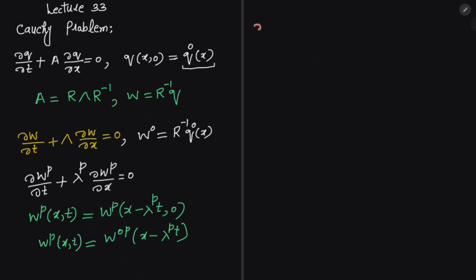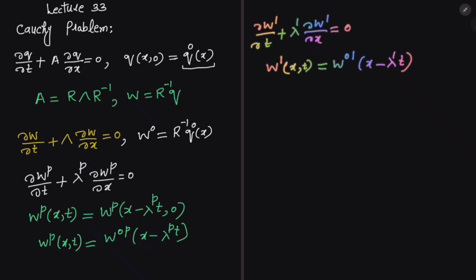For example, if we have ∂w1/∂t + λ1 ∂w1/∂x = 0, then our first solution will be w1(x,t) = w01(x − λ1 t).